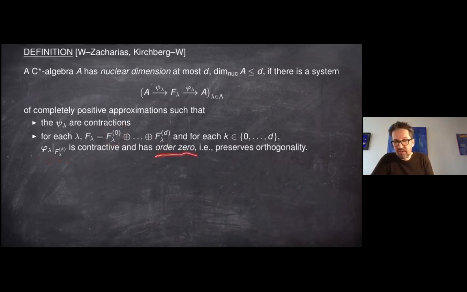This means it preserves orthogonality. So if x and y are both in F lambda i and xy equals 0, then phi lambda of x times phi lambda of y equals 0.